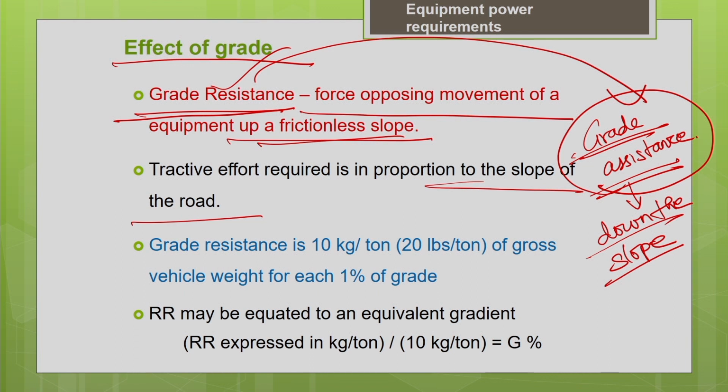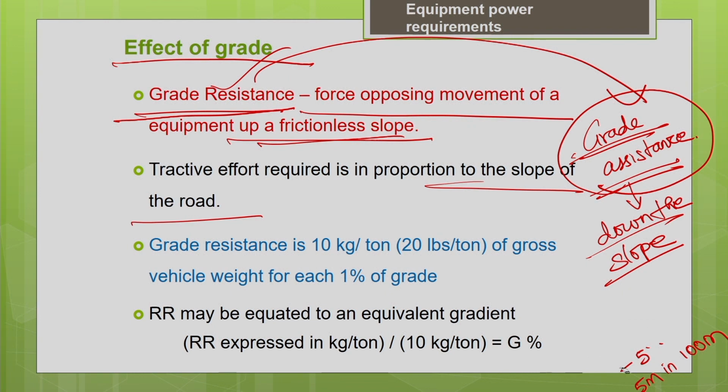For example, if your slope percentage is 5%, it means that in a horizontal distance of 100 meter, you have a vertical surface rise of 5 meter. That is 5%. So this is plus 5, that means up slope. If you say minus 5%, it means down the slope. That means you have a vertical fall of 5 meter in a horizontal distance of 100 meter. So, that is what we mean by minus 5%.